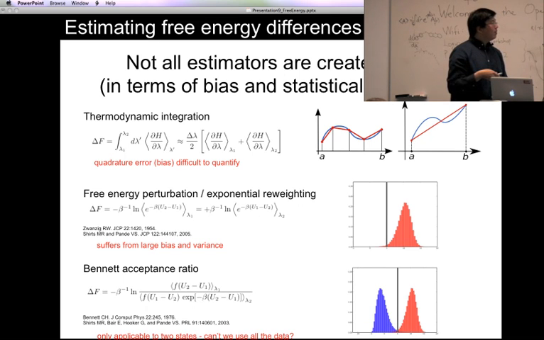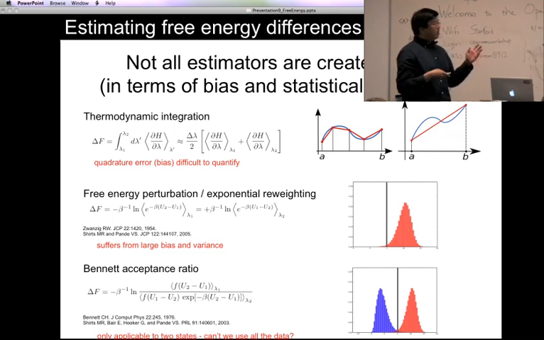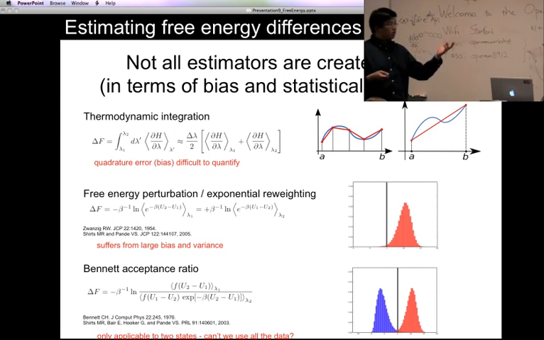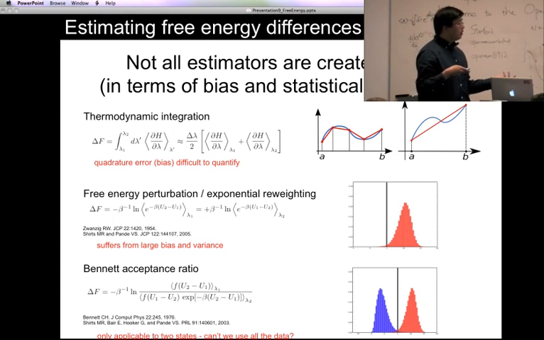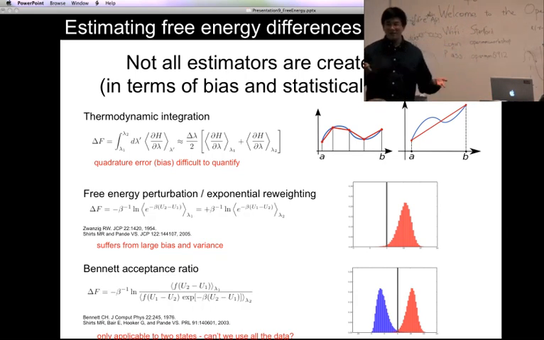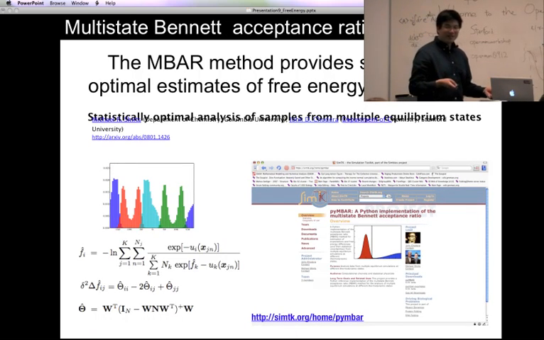And one of John Chodera's main contributions is to extend the idea of Bennett acceptance ratios to multiple simulations. So that's called multi-state Bennett acceptance ratio, or MBAR, and there's a Python implementation available also on simtk.org. That's kind of a recurring theme. You can find cool stuff on simtk.org.